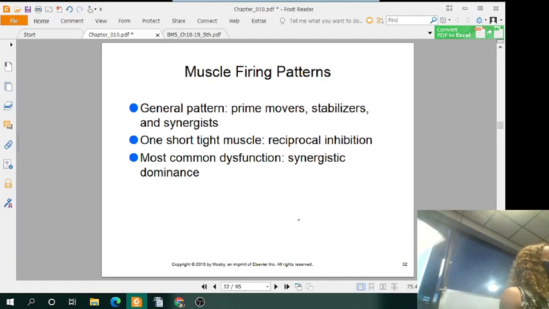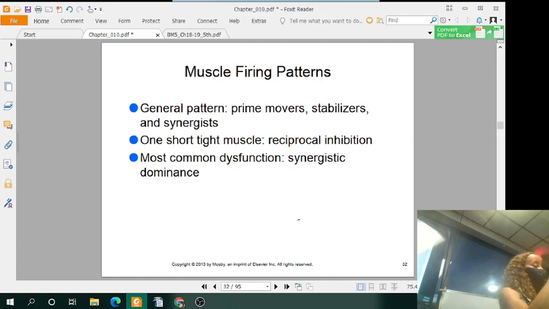Synergistic dominance. Alright. So, we talked about decreased nerve stimulation and activity there. Also, when we have dysfunction in the sequence of the muscle patterns, it alters our joint alignment too, because of the tug of war happening between the different muscles.